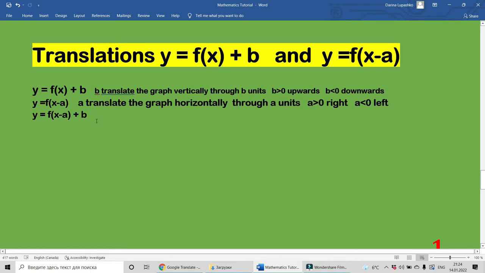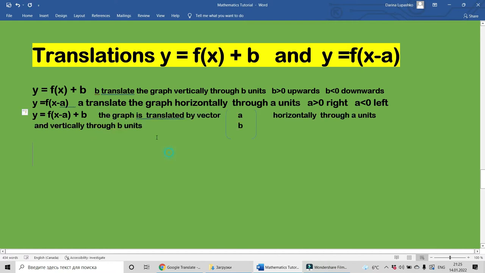So we have horizontal sliding and vertical sliding, and we can write that our graph is translated by the vector (a, b): horizontally through a units, where adding a number moves it left and subtracting moves it right, and vertically through b units, where adding a number goes up and subtracting goes down.